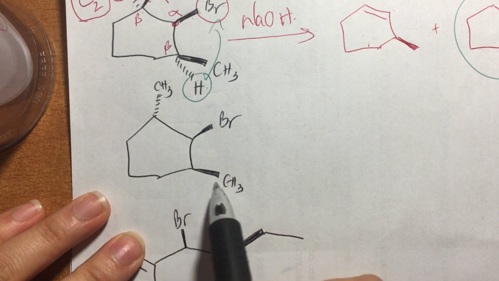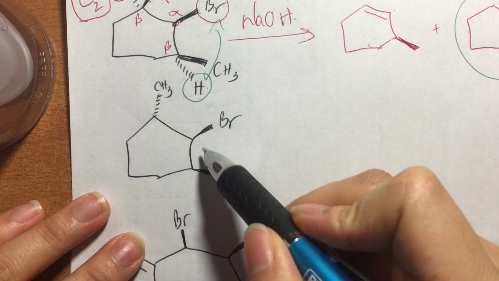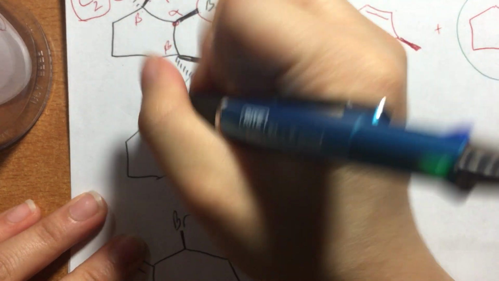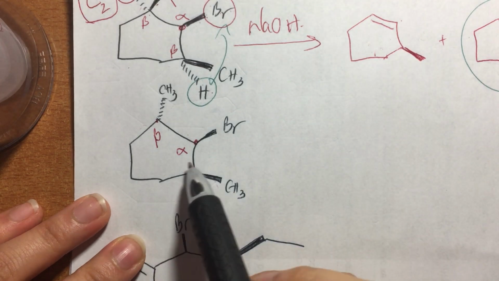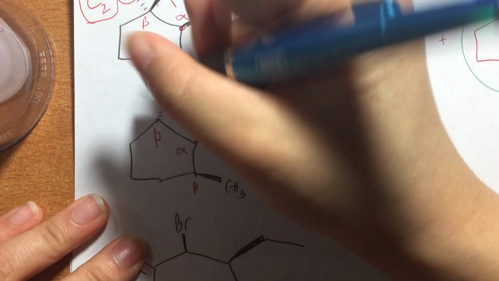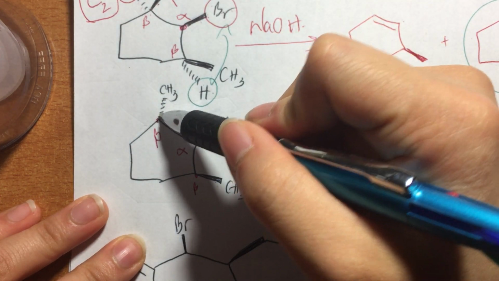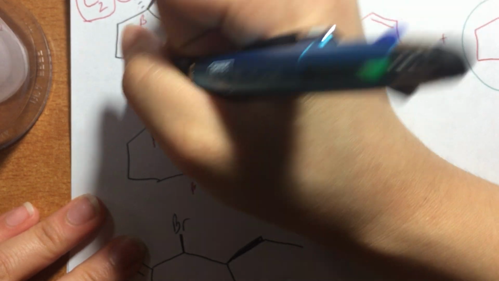This one, we have this as the alpha position, and also we have this as the beta position. Let's figure out which hydrogen in the beta position cannot be involved in the reaction. If I have the dash on the methyl, then the wedge must be on the hydrogen.